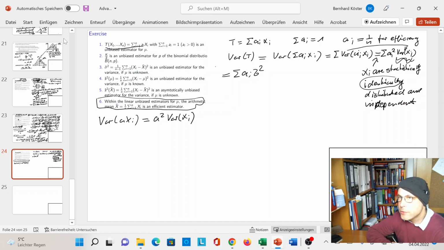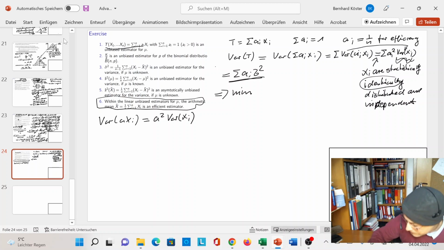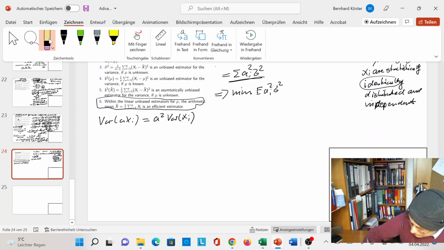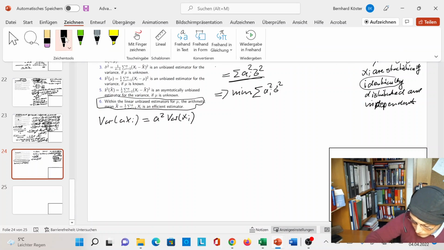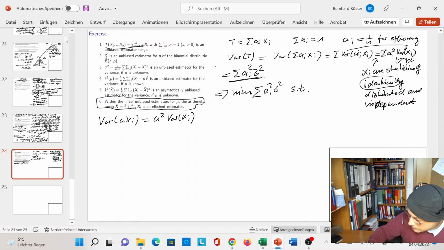And what we have to do now is just minimize this function, the sum of a_i squared sigma squared, subject to all a_i summing up to 1.